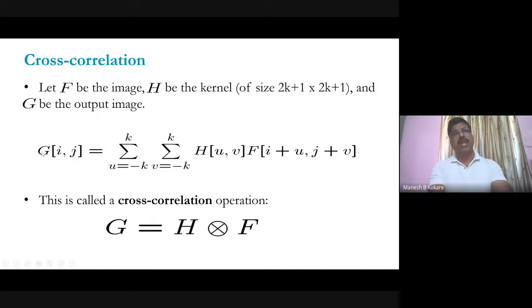You are calculating the filtered output g at the location i comma j by finding the correlation between the filter and the image portion under consideration. So this window is considered like this. One summation will talk about your rows, and the other summation will talk about your columns.